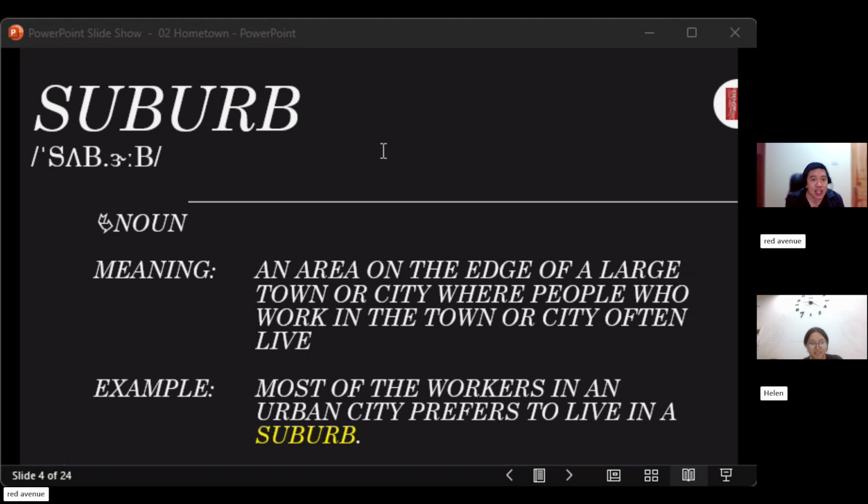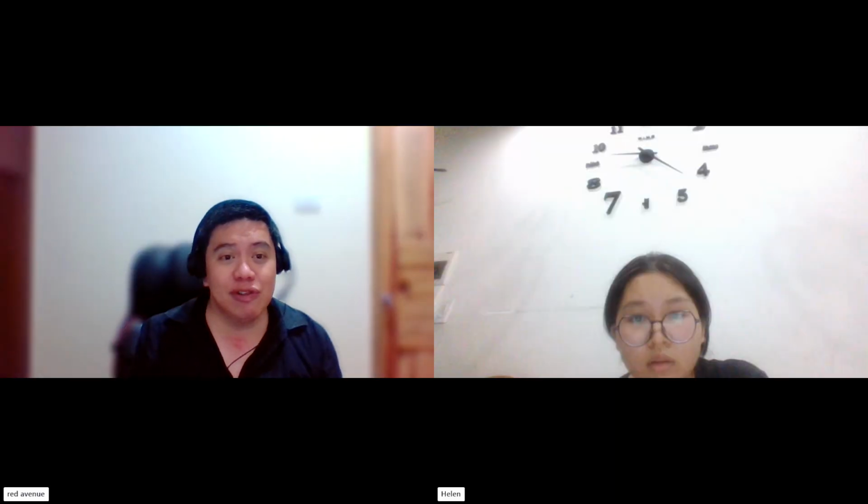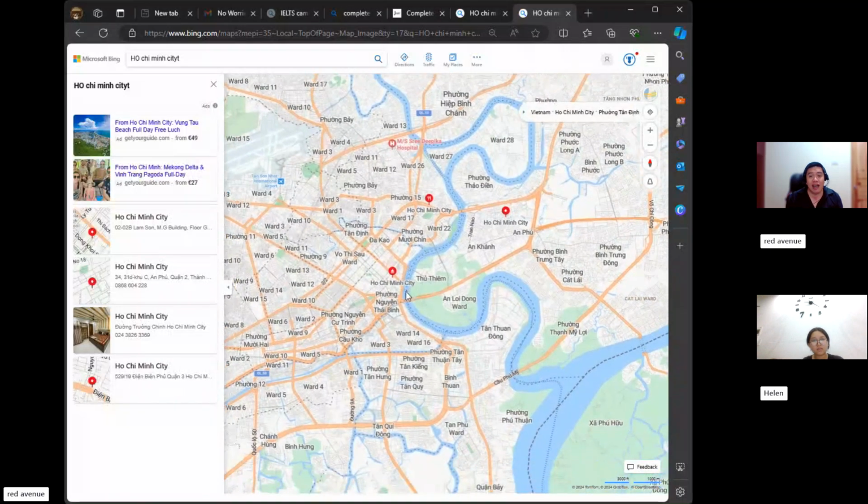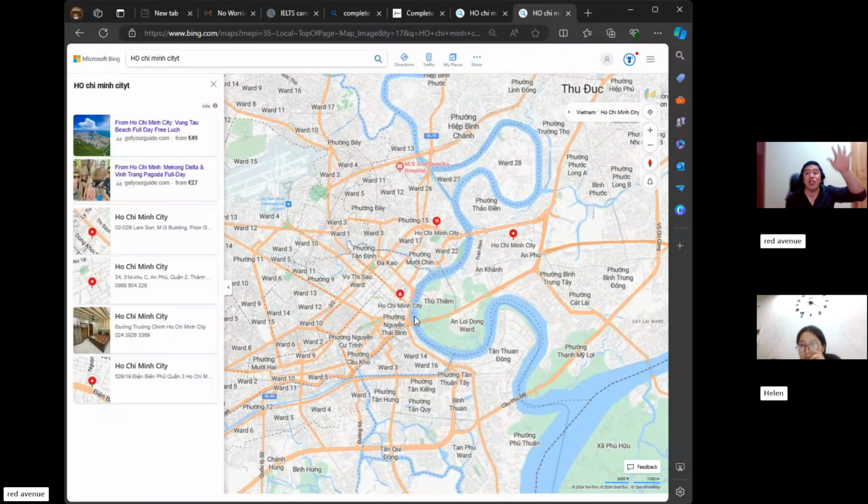Let's use Ho Chi Minh instead. You're familiar with Ho Chi Minh, right? Ho Chi Minh has District 1, 2, 3, 12, right? This is Ho Chi Minh, right? Yes.